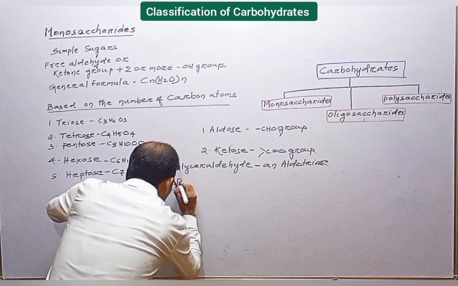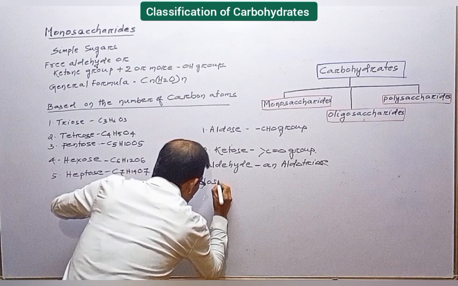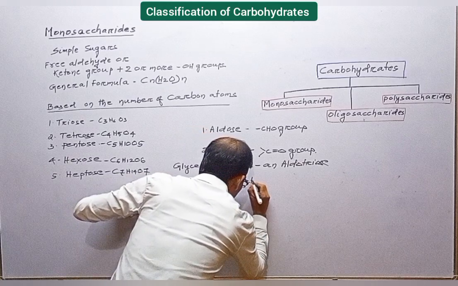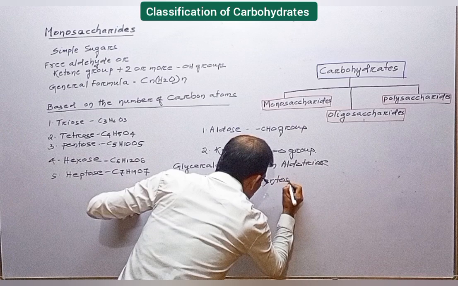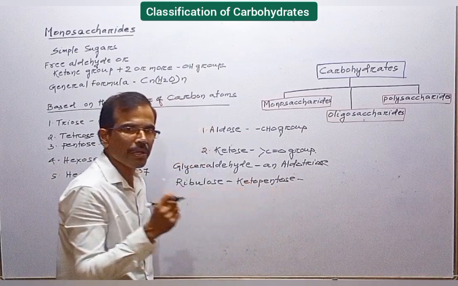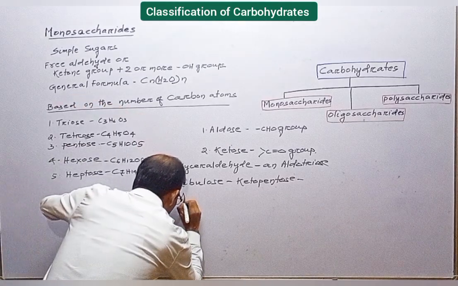Similarly, ribulose is a ketopentose. It possesses 5 carbon atoms and 1 ketone group. Glucose is an aldohexose.